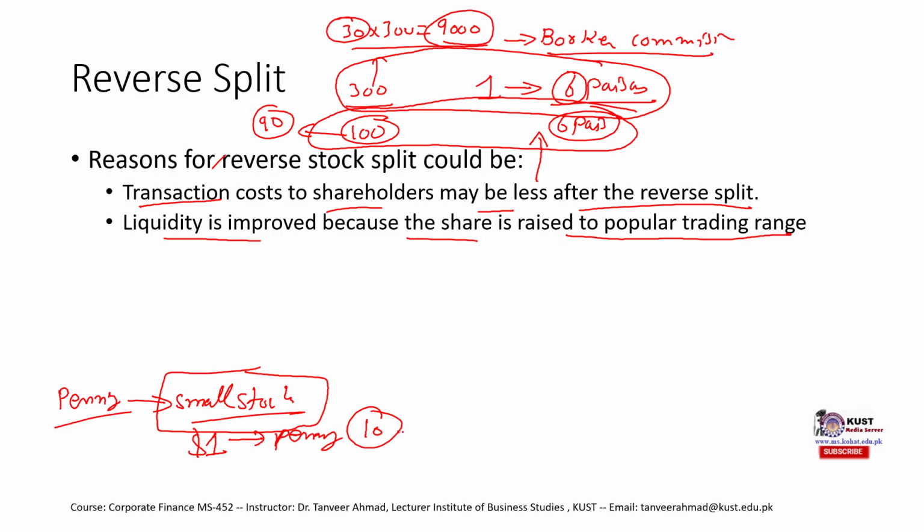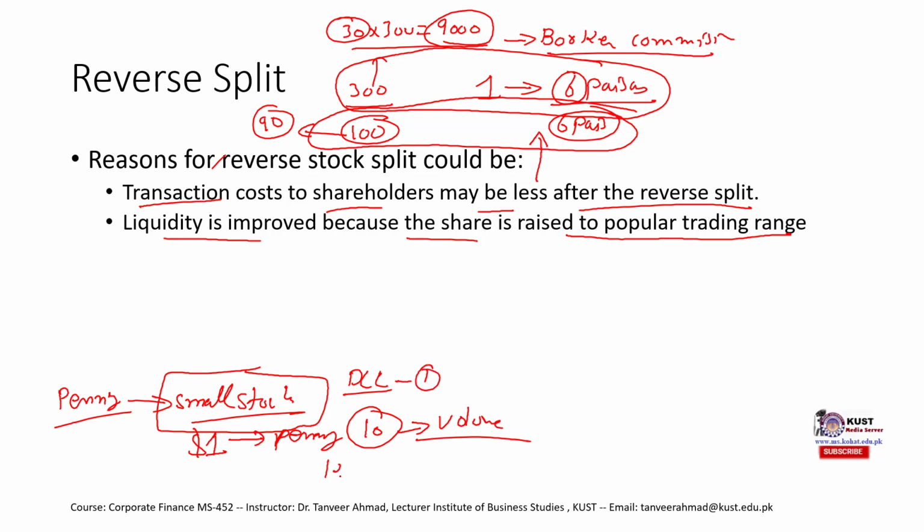So sometimes these small stocks are considered unfavorable by investors, and therefore their volume or trading is quite low. So what the company would want is to improve it. Say for example, currently a share, I guess DCL share, is around 1 rupee.